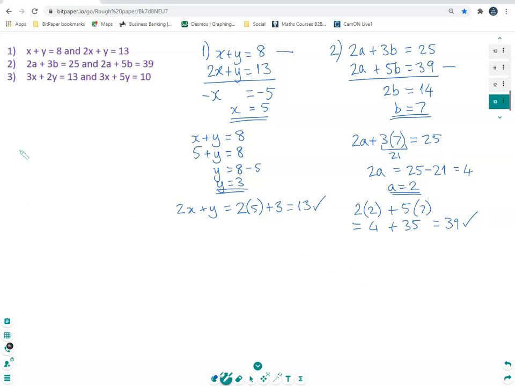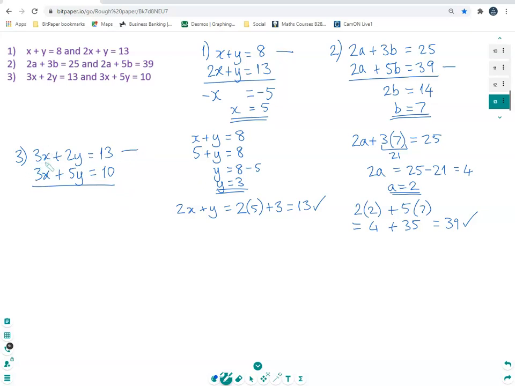And for number 3, 3x plus 2y equals 13. And 3x plus 5y equals 10. Let's subtract.